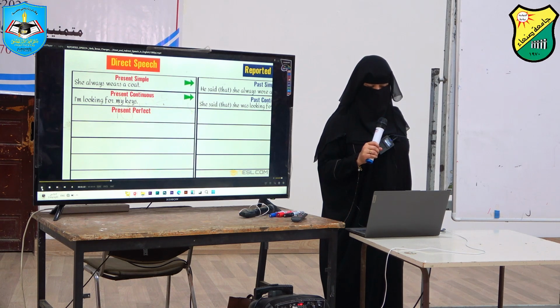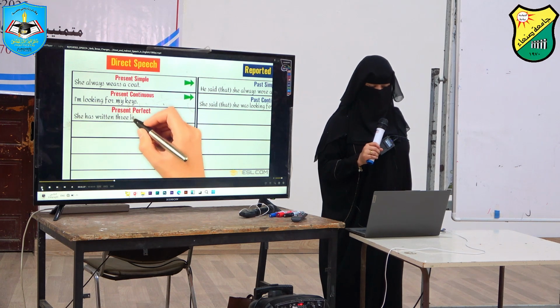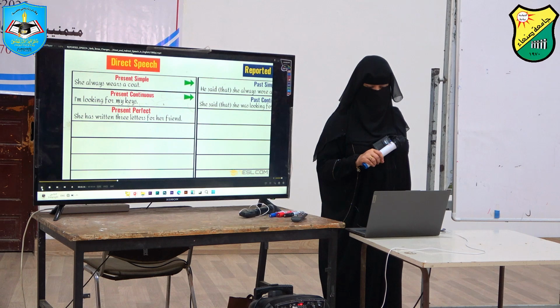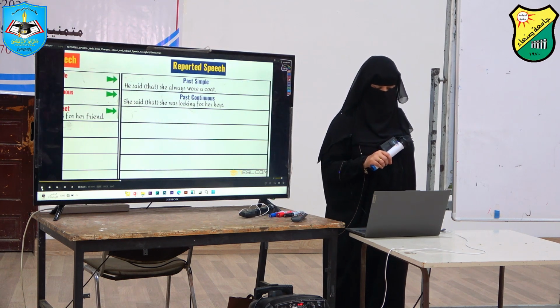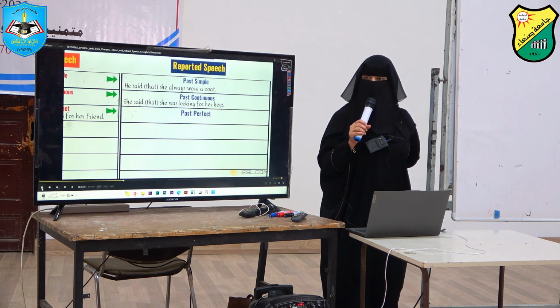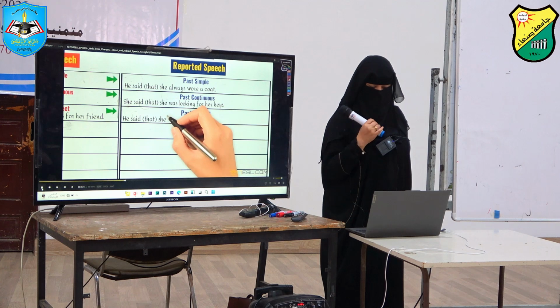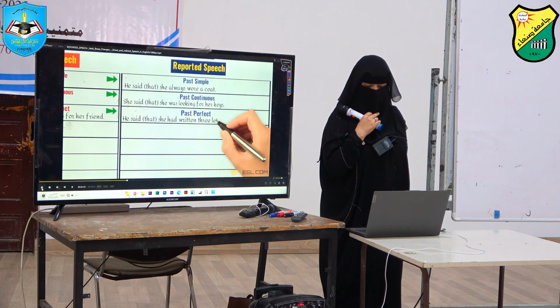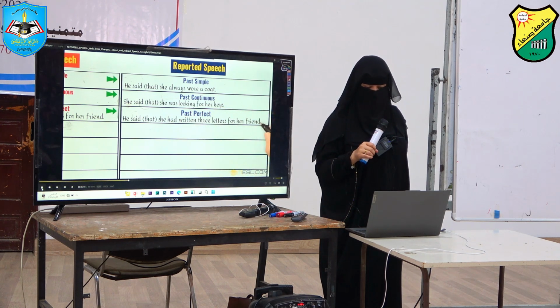Present perfect. Has written three letters for her friend. So present perfect is going to be past perfect. That she had written three letters for her friend.